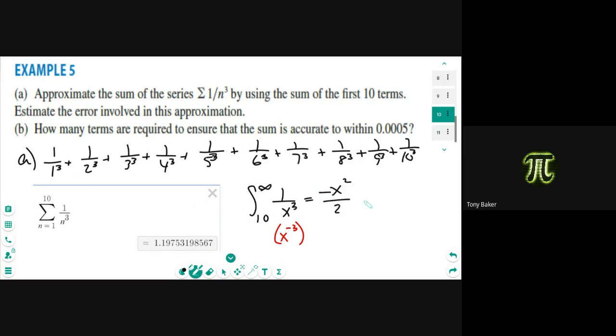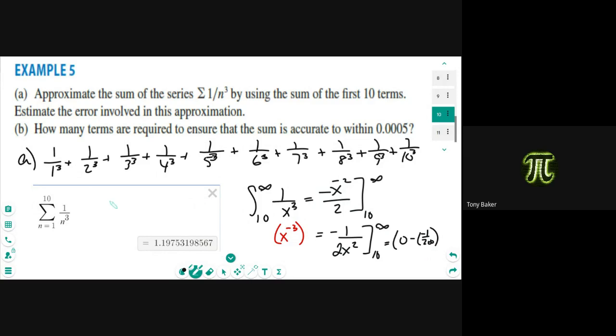Negative x to the negative 2 over 2, sorry, so negative 1 over 2x squared, from 10 to infinity. If I plug in infinity, I get 0. If I plug in 10, I get negative 1 over 200.